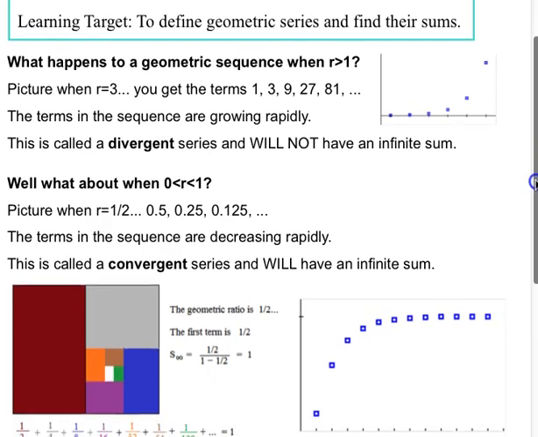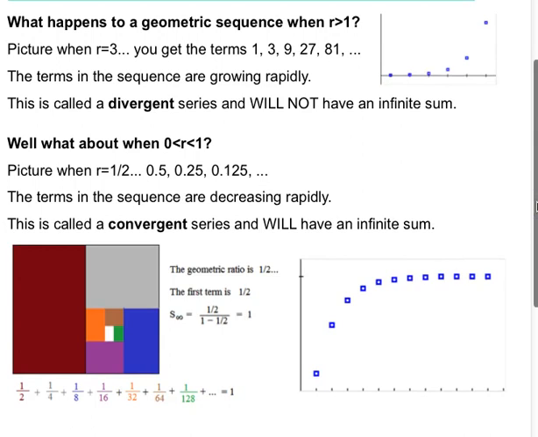So I want you to picture a sequence with a rate of 3. So you're getting terms 1, 3, 9, 27, 81, so on and so forth. Okay, now what I've plotted for you is the sum of that first term, the sum of the first two terms, the sum of the first three terms, the sum of the first four terms.